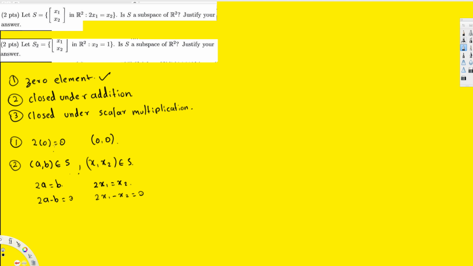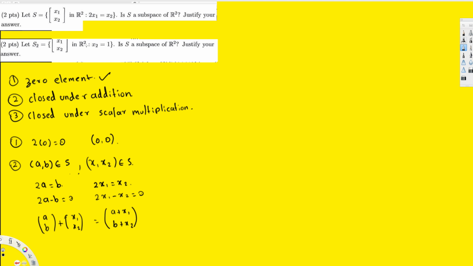Now to prove that it's closed under addition, I have to add both together and see whether the equation is still true. So we have (a, b) and (x1, x2). If I add both of them together, I will get (a plus x1, b plus x2).